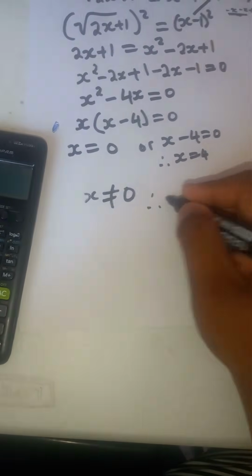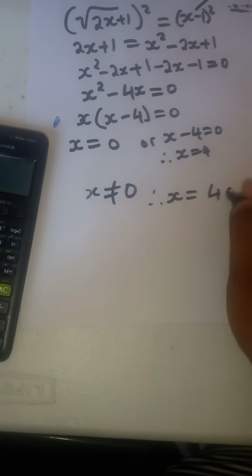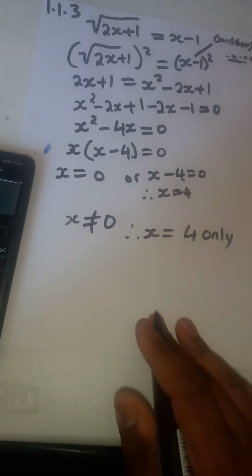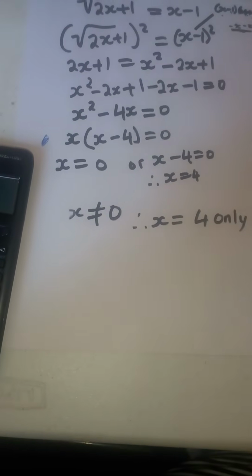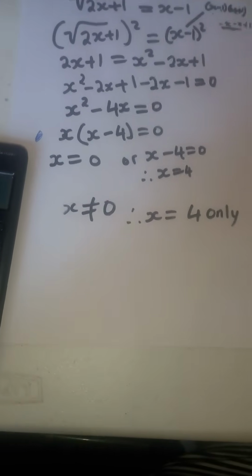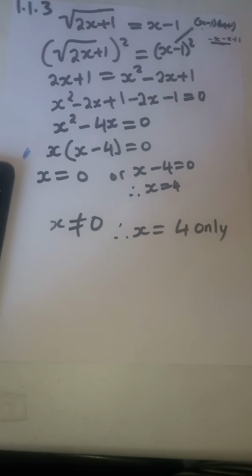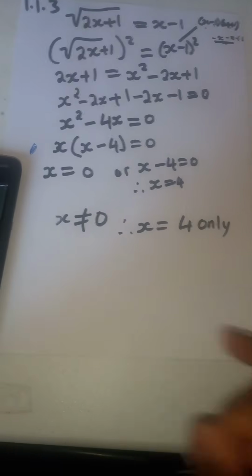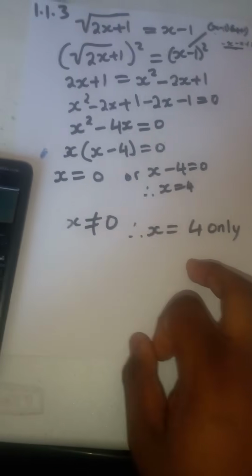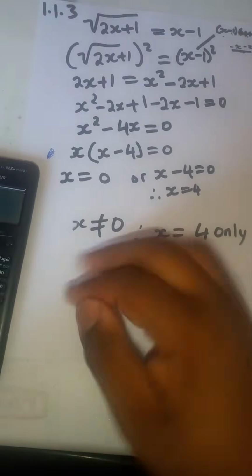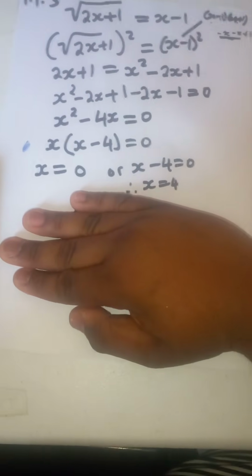So therefore, x is equal to 4 only. You write 4 only. That's how you deal with set equations. You must always make sure that you confirm a valid answer. Sometimes you'll have both values as valid answers, but you must always conclude with this statement, because this thing has a mark. Otherwise, if you left it like this, you're going to get 4 marks.